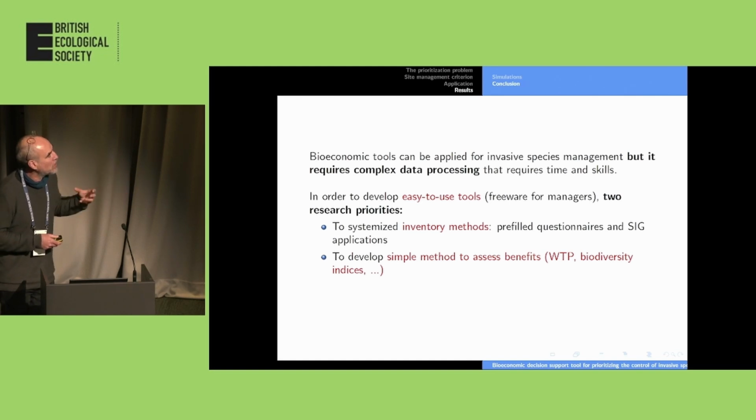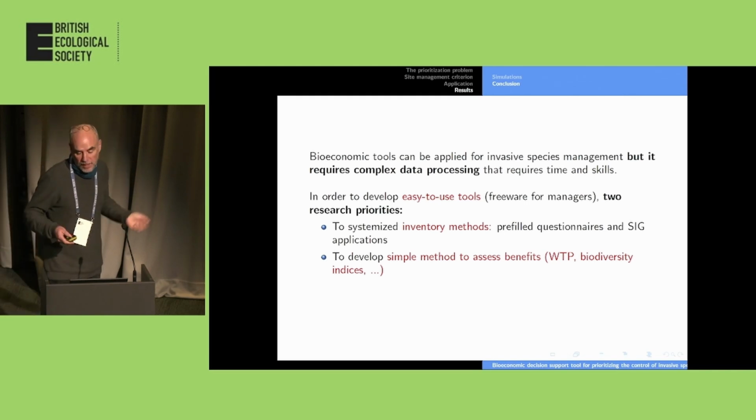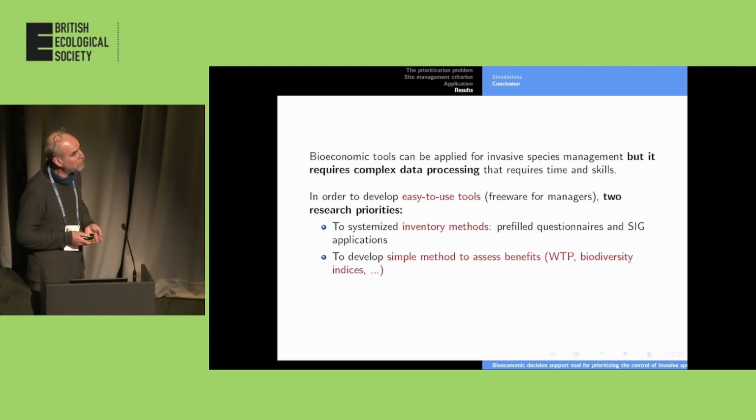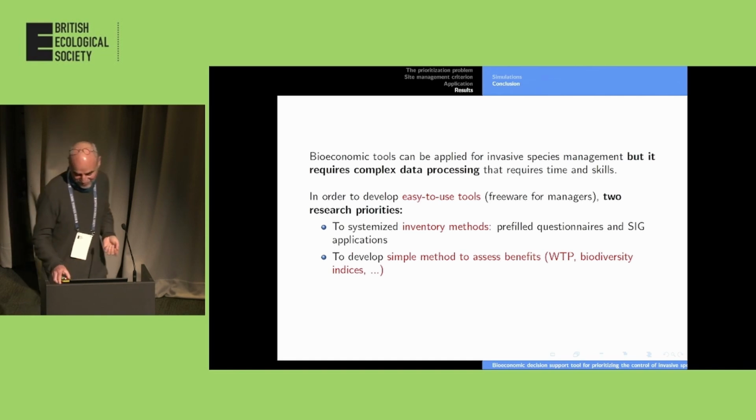The main work is not to build the algorithm, to build the criterion. The main work is how to collect data for this kind of work to be usable by managers. And this is it. Thank you.